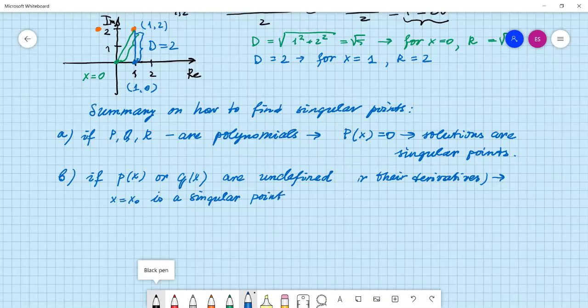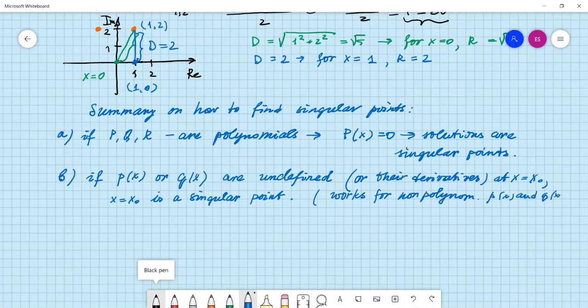I think I'm supposed to say here at x equals x0, because I moved it to this side. If either of them is undefined at x equals x0, or some derivatives of them are undefined, which means that you cannot make a Taylor series, then x equals x0 is going to be a singular point. This works for non-polynomial P of x and Q of x.